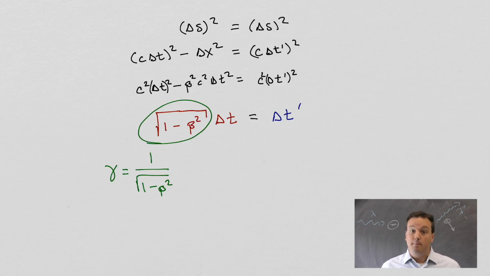But as beta approaches 1, the square root of 1 minus beta squared approaches 0, and it's hard to talk about how close you are to 0, but if you do 1 over the square root of 1 minus beta squared, now we have a number that gets bigger and bigger as beta approaches 1. It actually gets bigger without limit, right? So as I get closer and closer to the speed of light, gamma gets bigger and bigger. It's often called just the relativistic factor, right? Because it really tells me how relativistic the problem is.